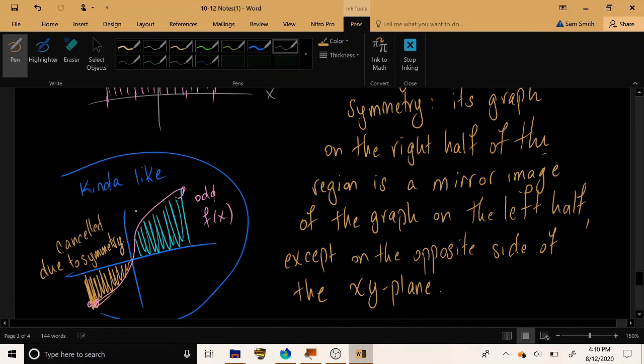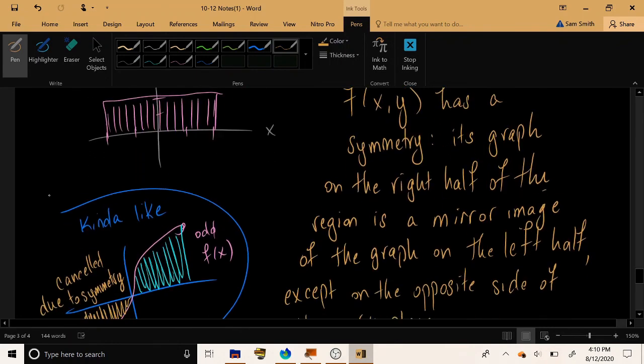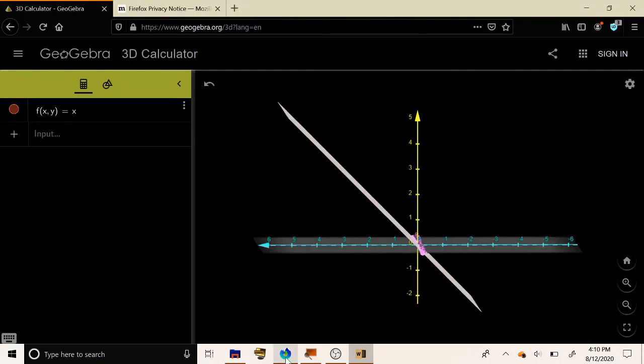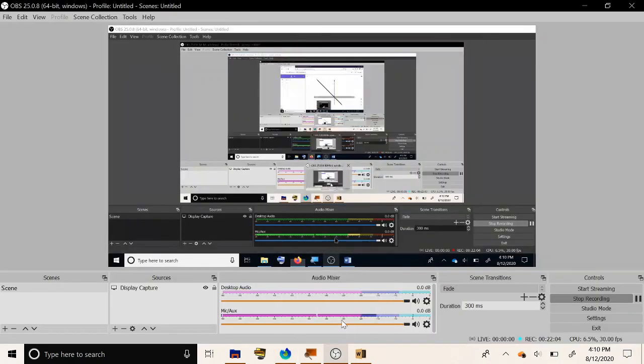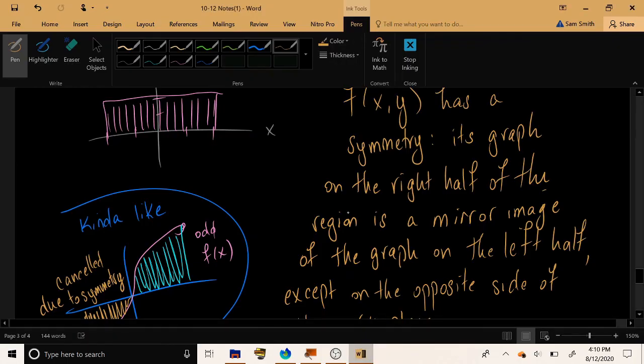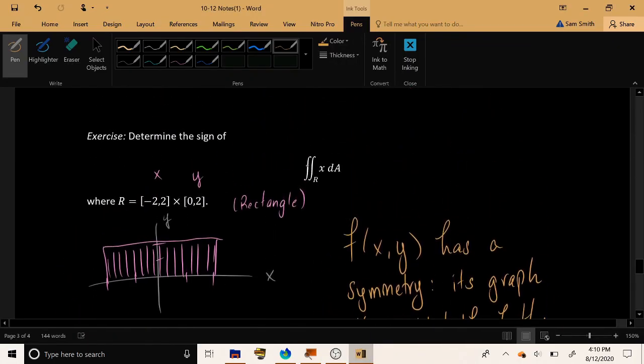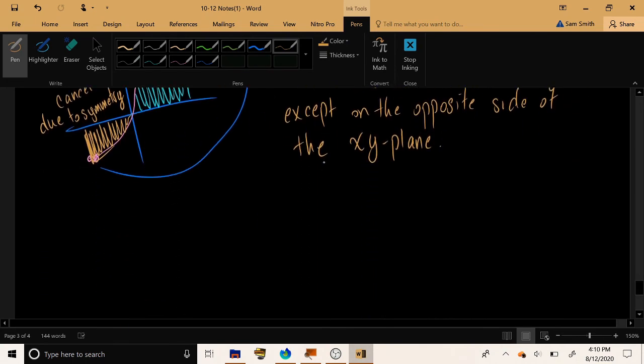What we're seeing here is the two-dimensional equivalent to that. Our function sees symmetrical behavior on the left and the right hand side of the region of integration that we're considering, which means that the positive volume that we pick up from one half of the region is canceled out by the negative volume that we pick up from the other half of the region. So because of that symmetry, we can conclude that the sign of this double integral is 0.